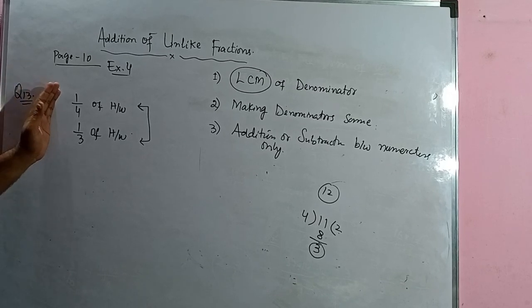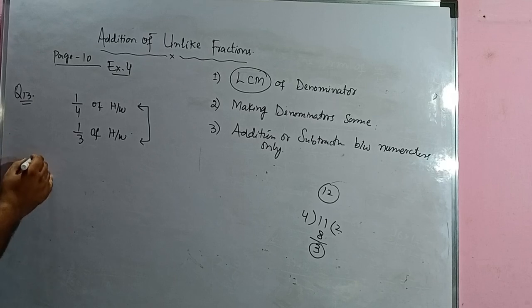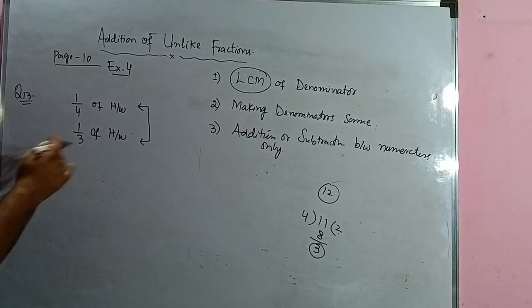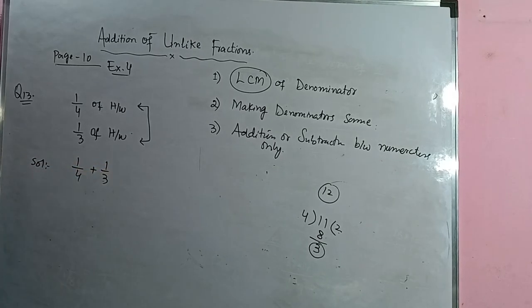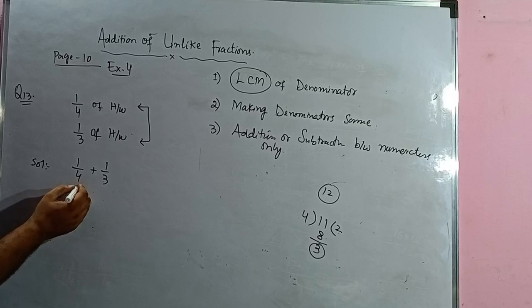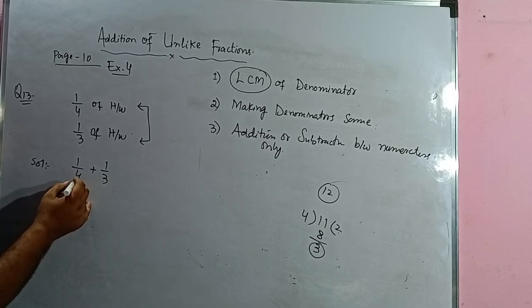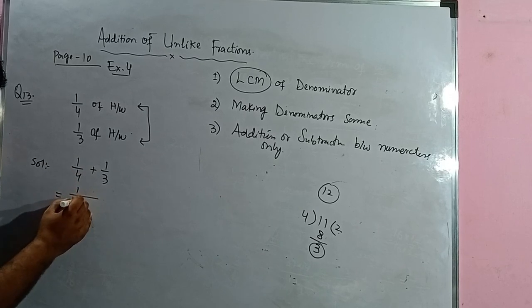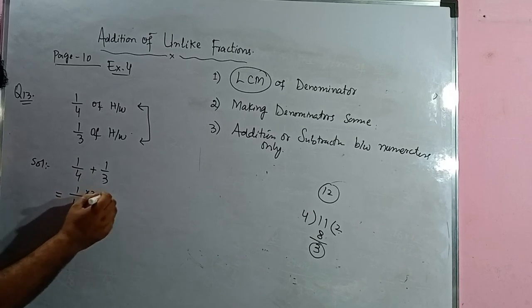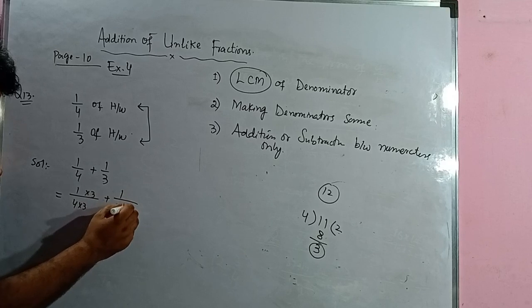First we will write the solution like this. First we will write the total homework done by Lai. That is 1 by 4 plus 1 by 3. We can take the LCM here. LCM between 4 and 3 is 12. So I will write 1 divided by 4 into 3 plus 1 divided by 3 into 4.